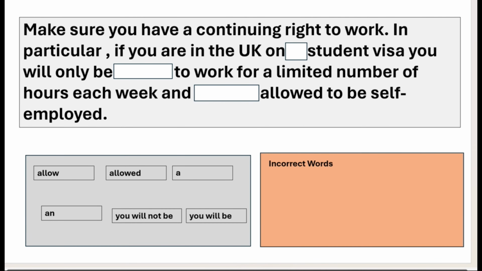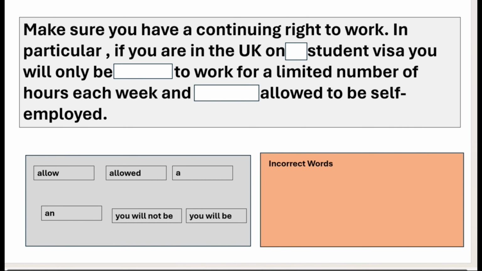Make sure you have a continuing right to work. Okay, there is no question in between this sentence. We don't need to read it again. In particular, if you are in the UK on a student visa, you will only be okay to work for a limited number of hours each week, and are not allowed to be self-employed.